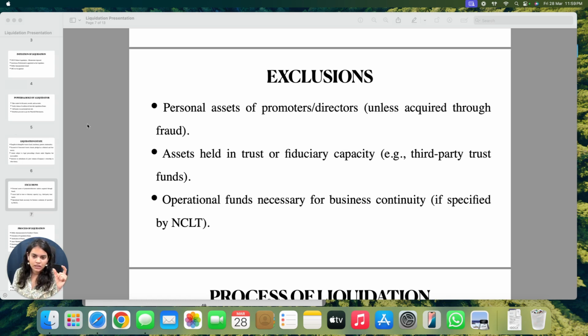Also, the assets of a subsidiary company, either a foreign subsidiary or an Indian subsidiary, will also not be included in the liquidation estate. Any amounts that are due to be provided to the employees, like a provident fund or gratuity benefits or such other amounts which have not been provided, are technically the assets of the employees, and hence cannot be included in the liquidation estate.